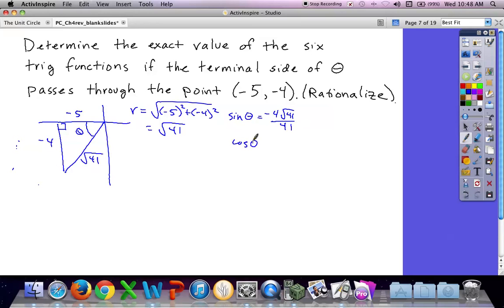The cosine, -5 over the square root of 41. The tangent, opposite over adjacent. -4 over -5, which is 4/5, right? Don't leave 2 negatives in there.